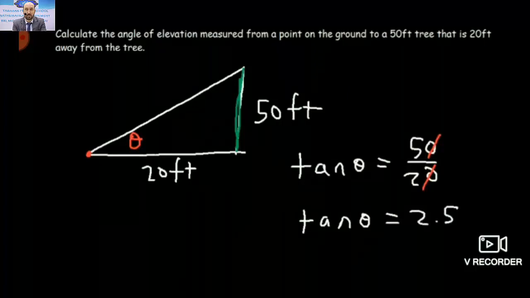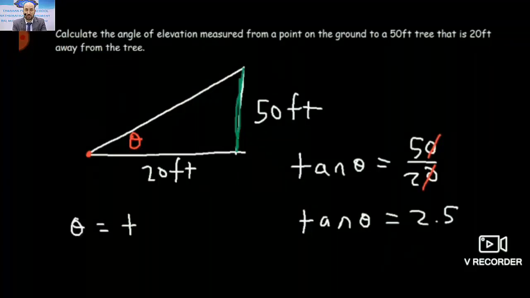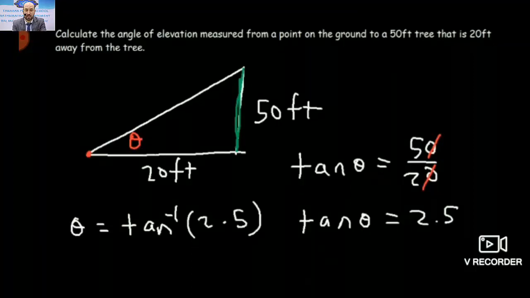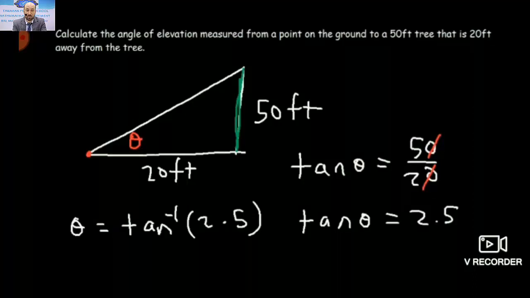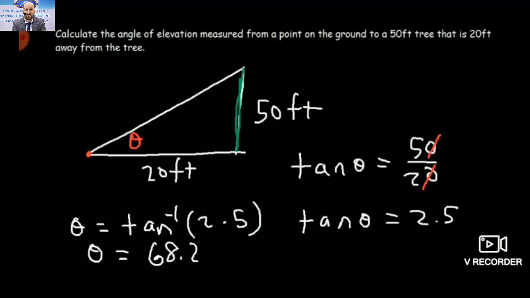To find theta, we have to use the calculator: shift tan, which is tan to the power minus 1, bracket 2.5, close bracket. We will have the value of theta, the angle of elevation, equals 68.2 degrees.